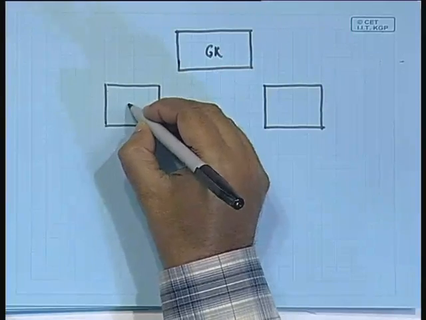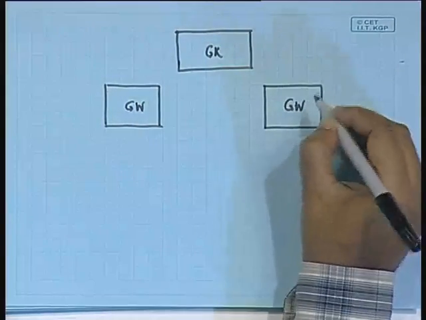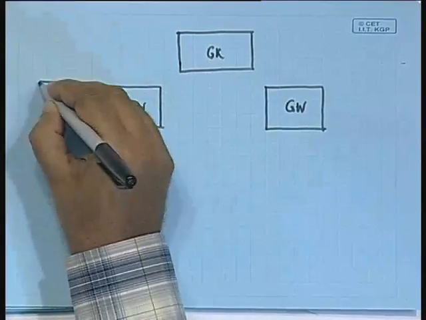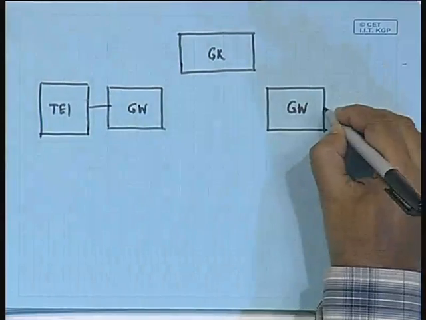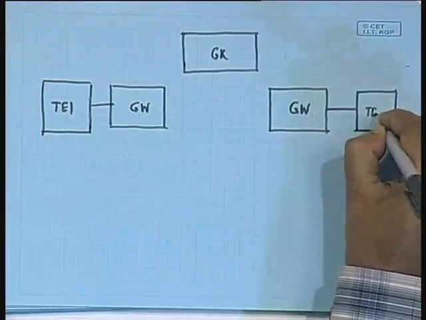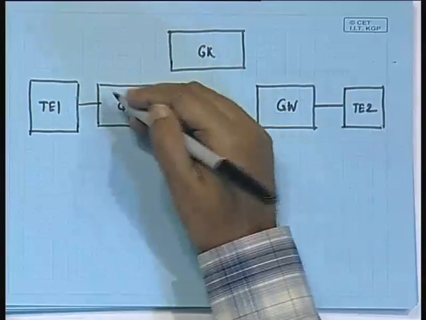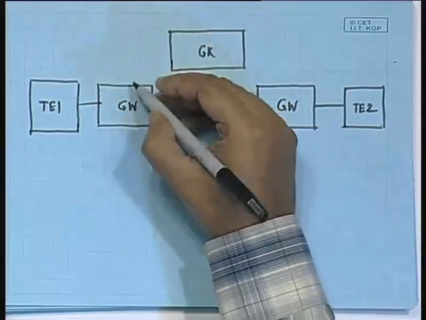So this is a gateway on this side, this is another gateway, and terminal equipment number 1 may be connected to this gateway, and terminal equipment number 2 may be connected to another gateway. And then we could have the gatekeeper or the gatekeeper cloud coming in between.